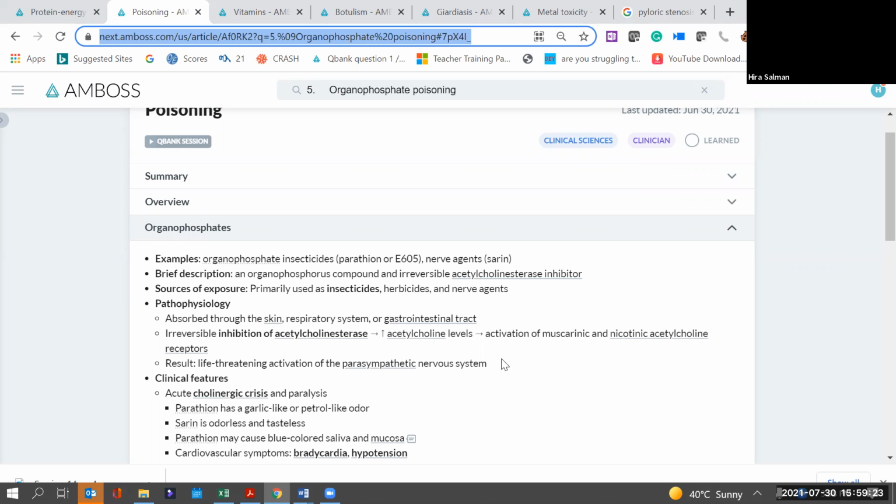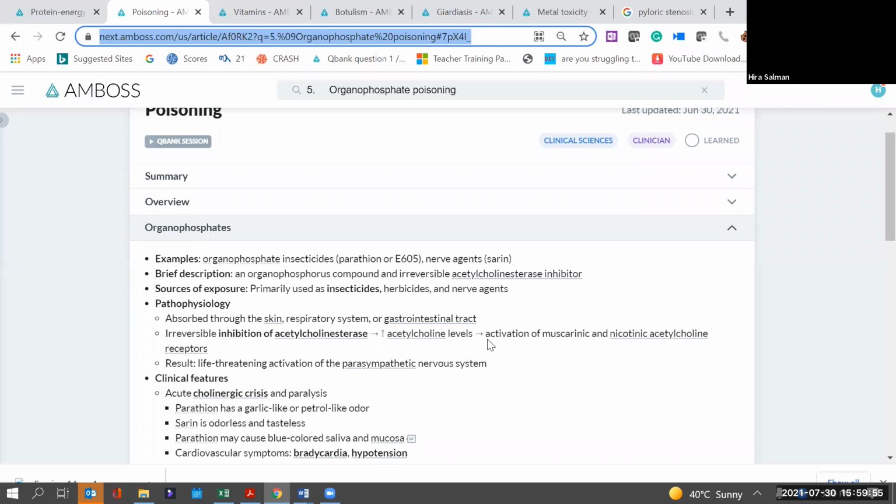Irreversible inhibition of acetylcholinesterase means there will be too much acetylcholine in the body of those having this poisoning.